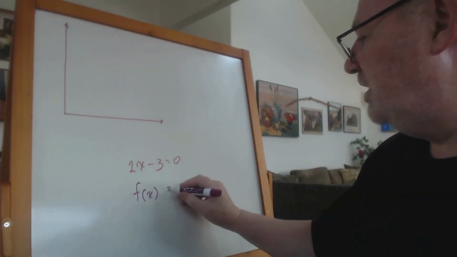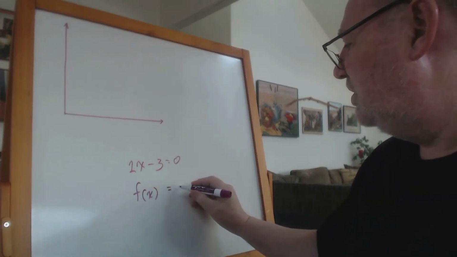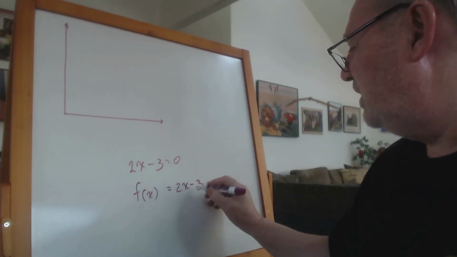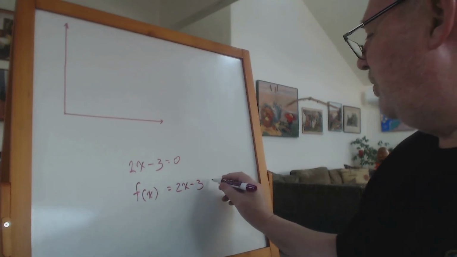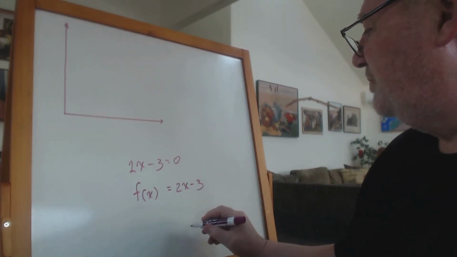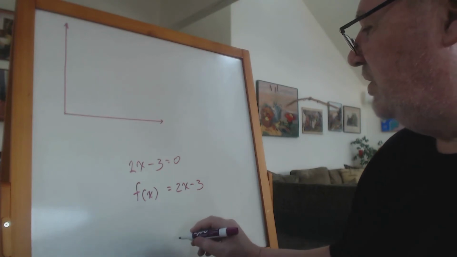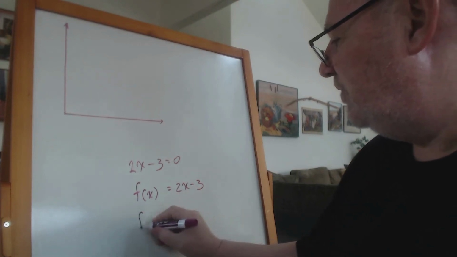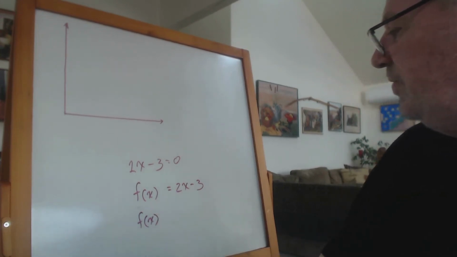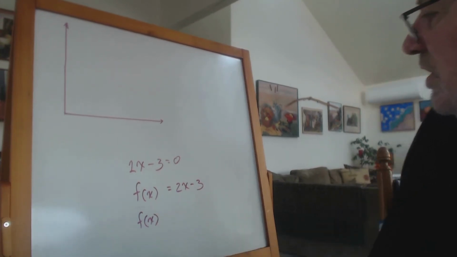And we say that the function of x is 2x minus 3. And we want to know what the values of f of x are for different values. So let's make a table.